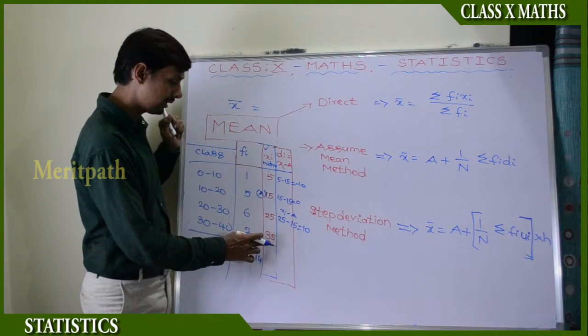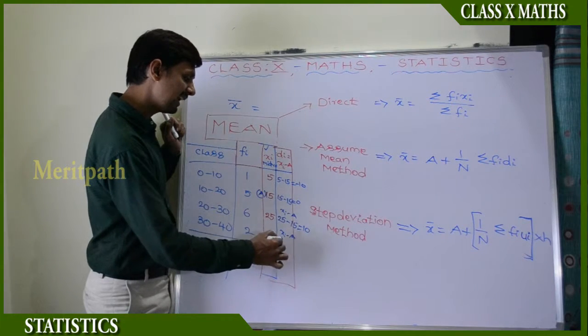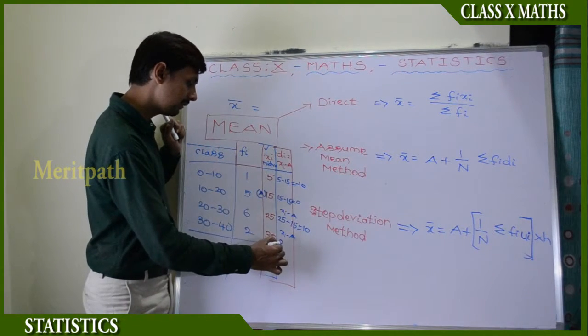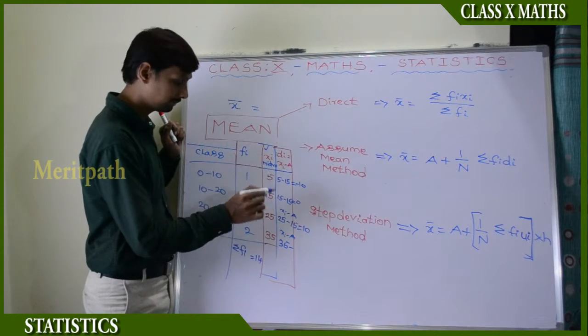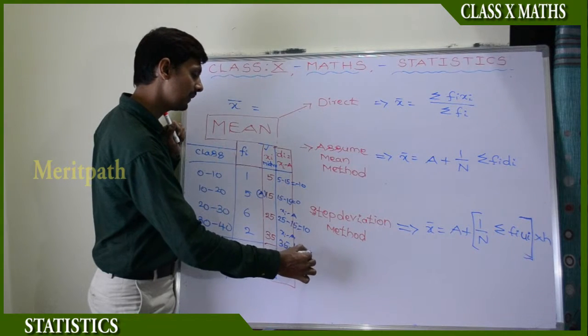Similarly, for the next observation, xi is 35 minus a, 15. So 35 minus 15 is 20.